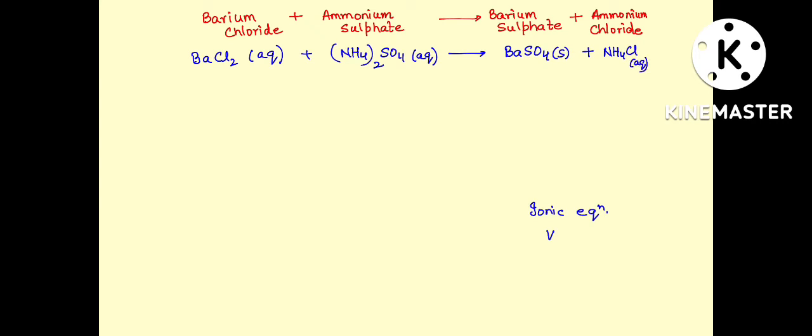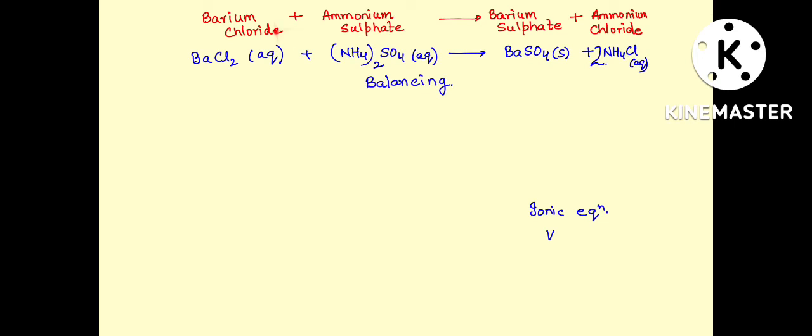What's the next step in writing an ionic equation? Tell me. I break it down into ions? No, that's not the first step. What's the first step in writing an ionic equation? Yes, you have to balance it. Balancing is the most important aspect. Again, balancing has been dealt with in a separate video, and I've given enough examples as practice as well. So when we balance it, I will put a 2 over here, right? Are we now balanced? Yes. Now let us break it down into ions.